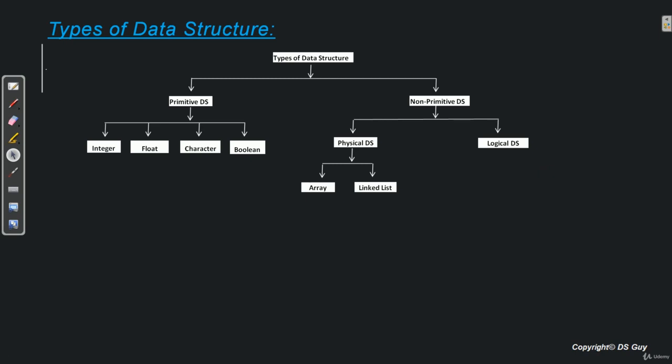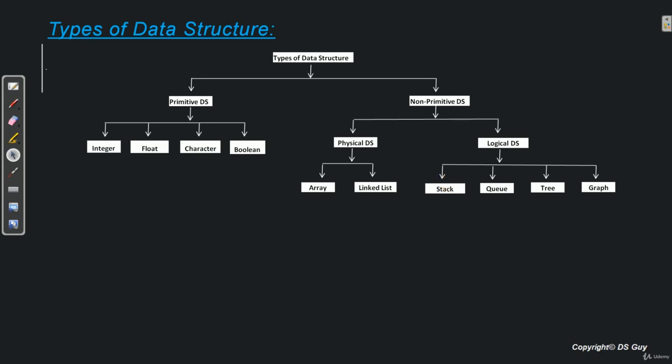However, when it comes to logical data structures like stack, queue, tree, graph or even hashing, these data structures are logical in nature and they are dependent on the physical data structure for their implementation. So let's say if we talk about stack.